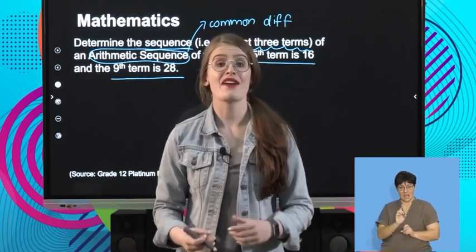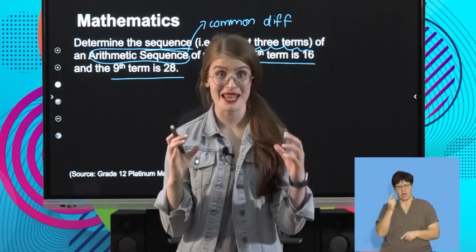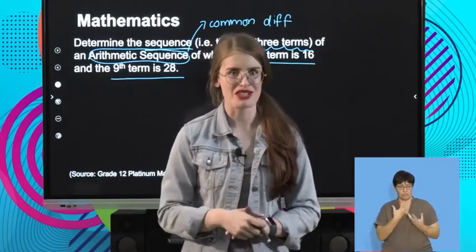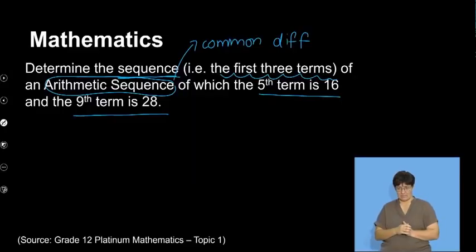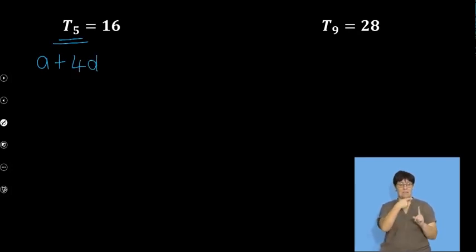So we are going to have to rely on our knowledge of the general form of an arithmetic sequence in order to solve for this question. Please turn back to the board with me. So we've been told that T5 is 16 and that the ninth term is 28. I'm going to replace T5 with A plus 4D.